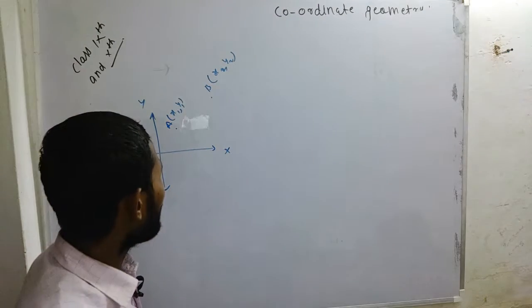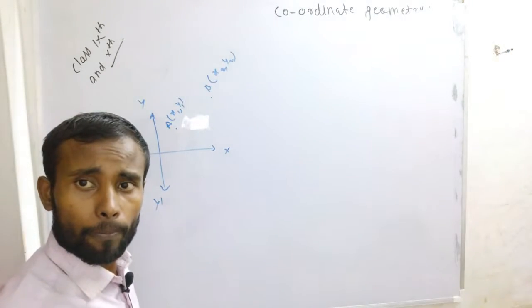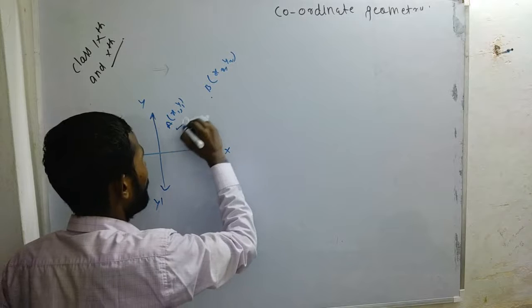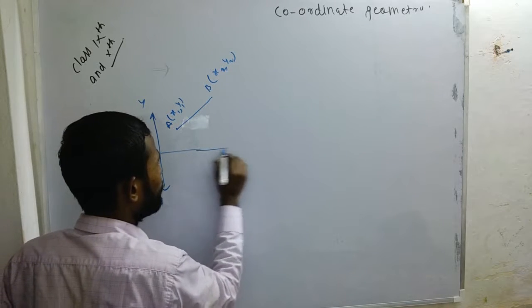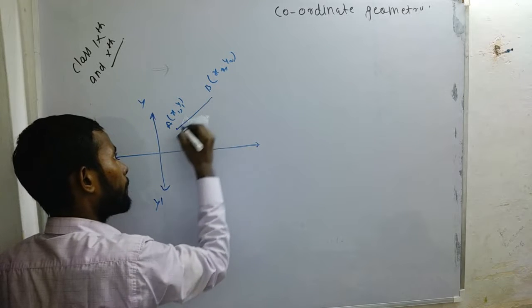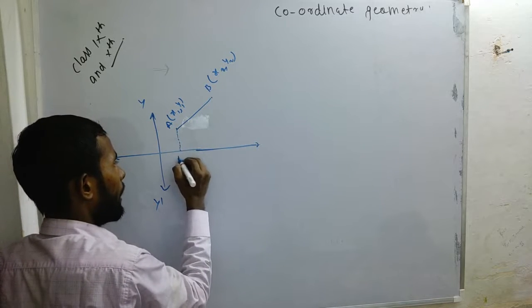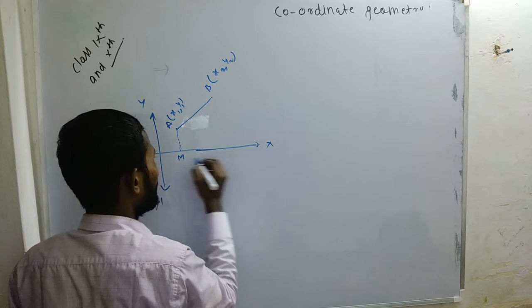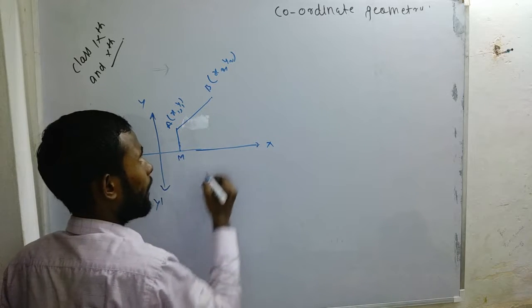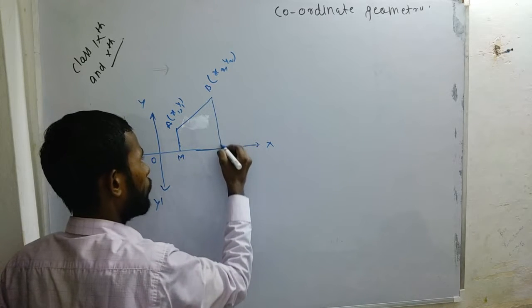Can you determine the distance between A and B using the coordinates of A and B? Yes. So simple. Join each other. Draw a perpendicular from A on the x-axis. That means AM is perpendicular to OX, the x-axis, and BN is perpendicular to the x-axis.